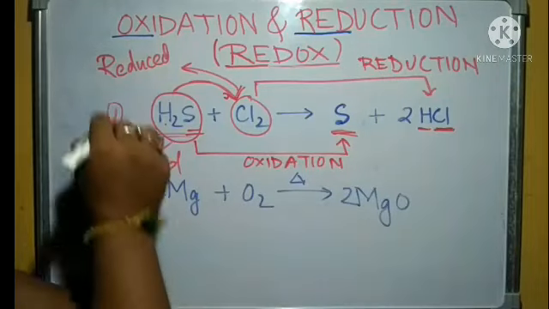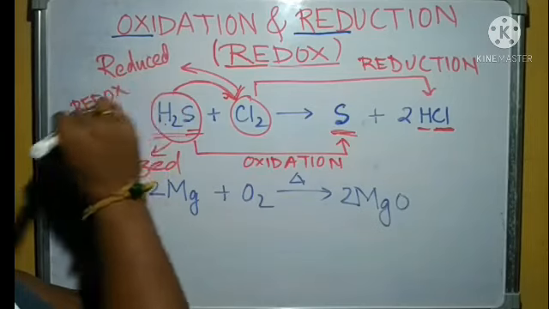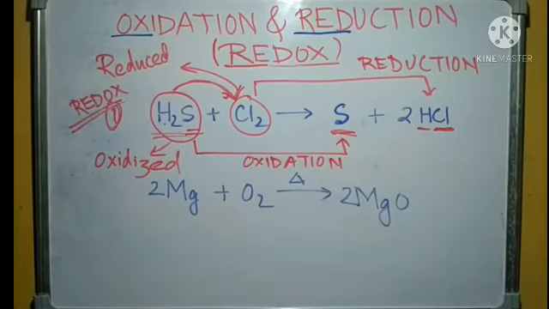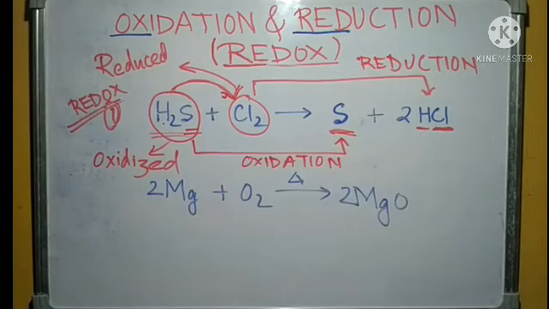So we can say that reaction 1 is a redox reaction. Why? Because hydrogen sulfide, that is H2S, is oxidized to sulfur, that is S, and the chlorine molecule, that is Cl2, gains hydrogen atoms to give hydrogen chloride, that is HCl.